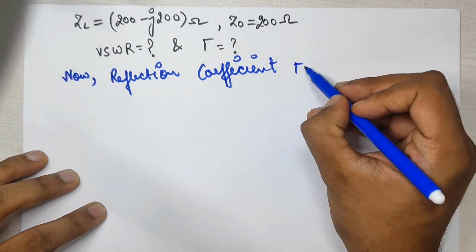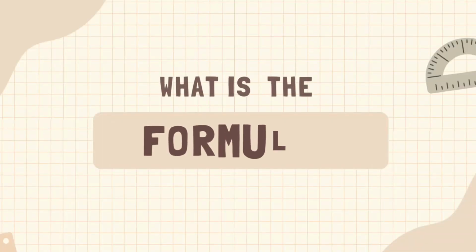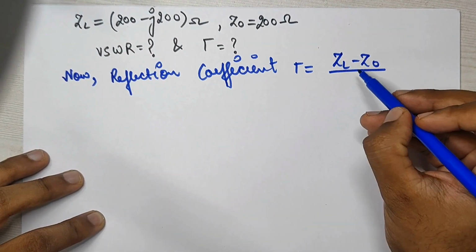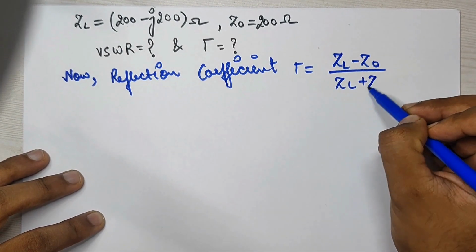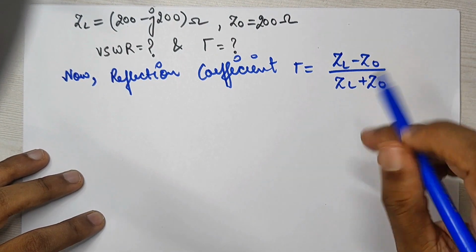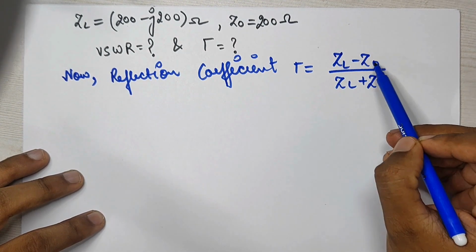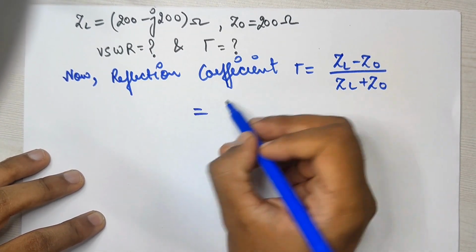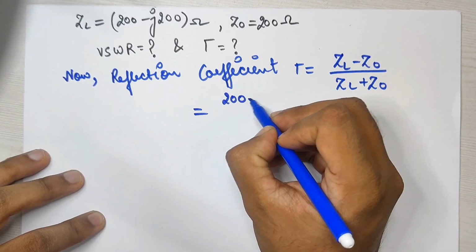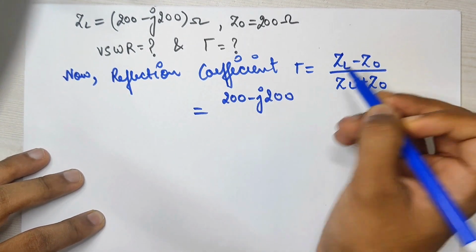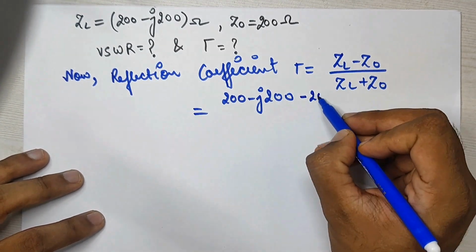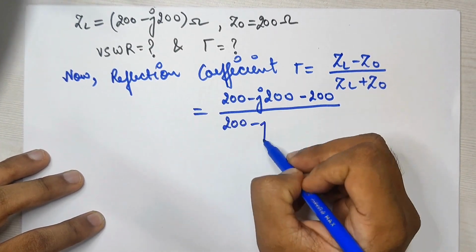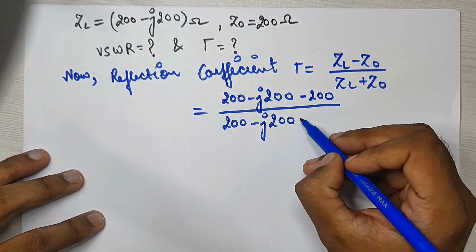Reflection coefficient gamma is equal to, what is the formula? The formula is ZL minus Z0 upon ZL plus Z0. Right. We have the information of ZL and Z0. We will substitute and extract the value of reflection coefficient. What is the value of ZL? 200 minus j200. What is the value of Z0? 200. So it is 200 minus j200 minus 200 upon 200 minus j200 plus 200.